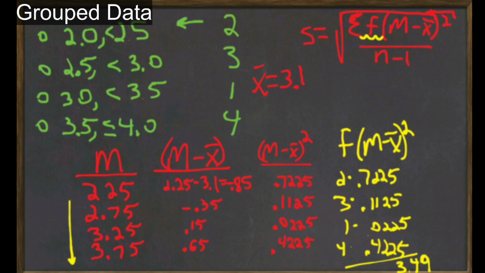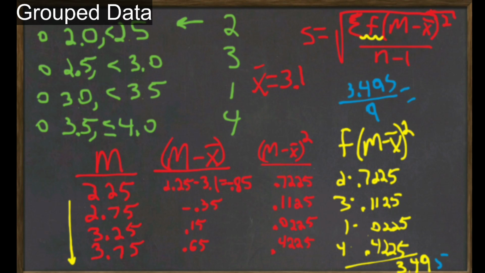Okay, lastly, we need to divide by n minus 1. Okay, so we're jumping all over the place here. But 3.49 divided by 9, right? N minus 1 is 9. And that's going to give us, I guess it's 3.495, technically.